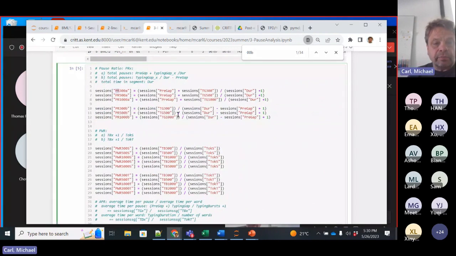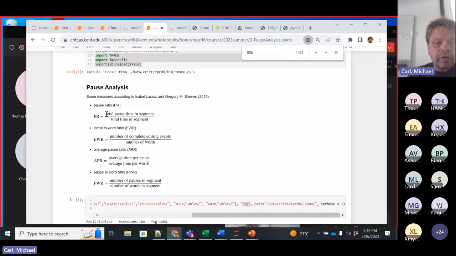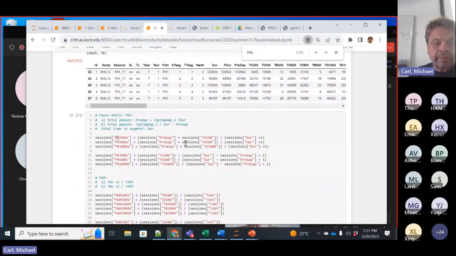This pause ratio would be, what did it say? Total pause time in a segment divided by the total time in the segment. Total pause time in a segment is this TG. So we will have a different value for each pause duration, right? This TG is the pause time, and then we have this pre-gap, the time before the first typing occurs.